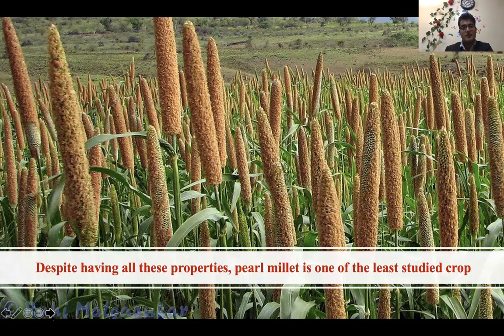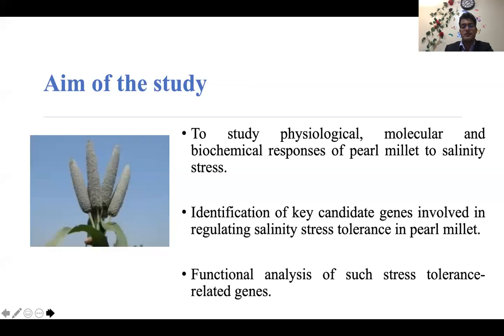Many scientists and researchers have been attracted to this crop. So the aim of our study was to study the physiological, molecular, and biochemical responses of pearl millet to salinity stress. In the case of molecular responses, we performed the transcriptome analysis. Very few biochemical responses we studied.